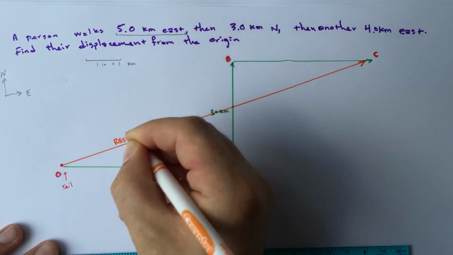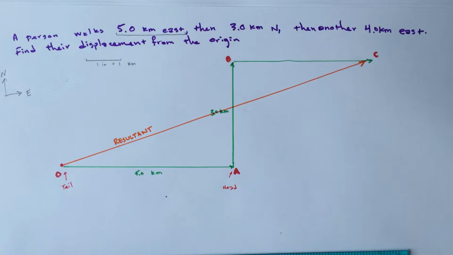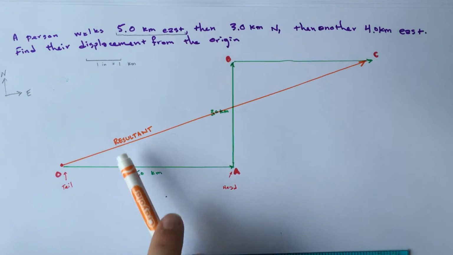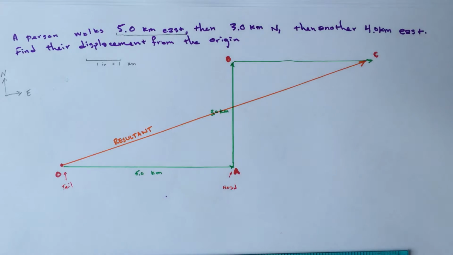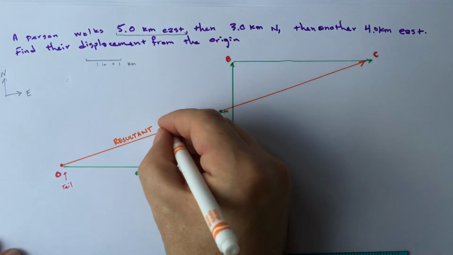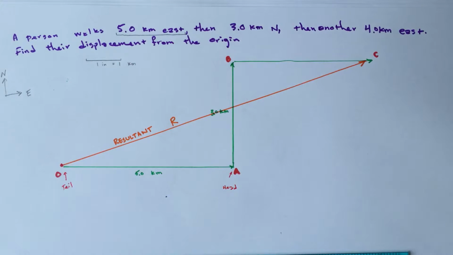So when we add vectors, the answer that we get is not the sum, like when you add scalar numbers, but when you add vector quantities, instead of sum, we call the answer a resultant. All right, we're going to call our resultant R, which is very commonly used for the resultant vector. So we'll call that vector R.